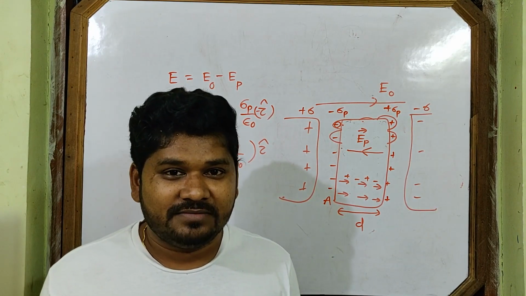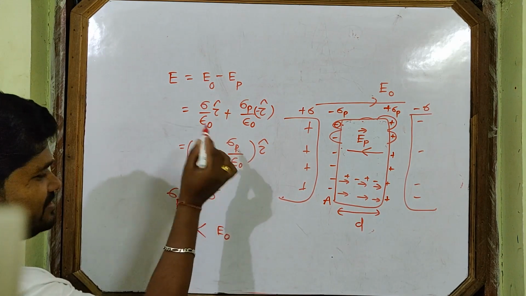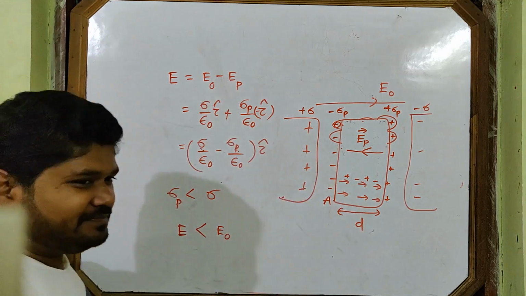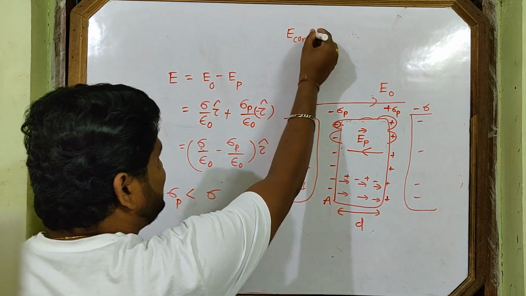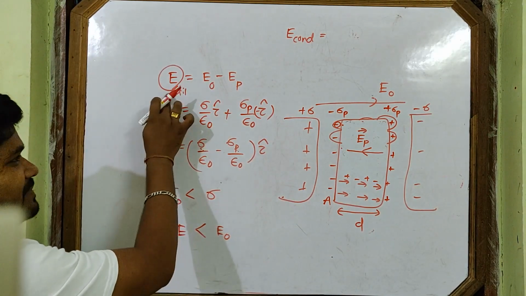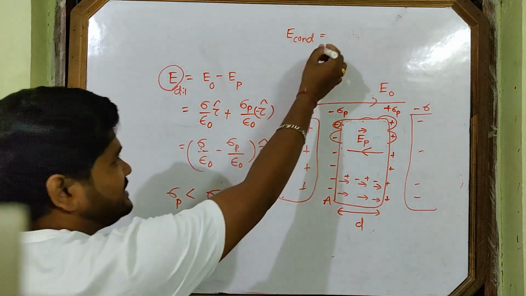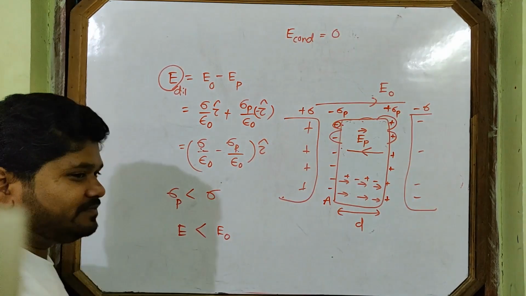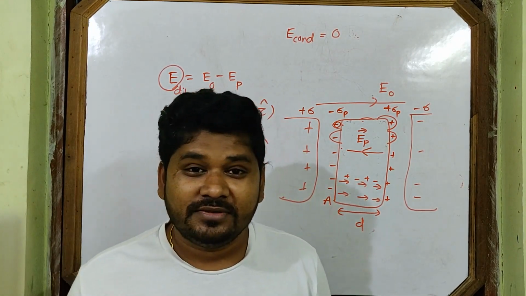If inducing charge and induced charge are both the same, sigma is equal to sigma P. What about the electric field inside the conductor? In a dielectric it is reduced, but if it is a conductor, sigma and sigma P are both the same. See the electric field? 0. Now you understand why the electric field inside a conductor is 0.